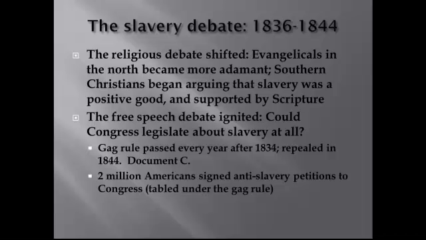So note that the first declaration of the National Anti-Slavery Convention, document B, begins with a reference to Scripture. Evangelical Christians in the North turned increasingly against slavery, and they were egged on by preachers such as Lyman Beecher, whose daughter wrote the highly influential Uncle Tom's Cabin, which itself was another game changer.